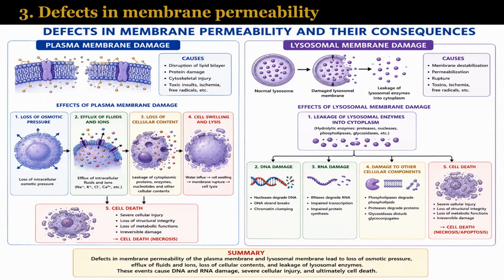Since the plasma membrane is damaged, certain fluids or ions that are found inside the cell are going to go out of the cell. The third one is loss of cellular content. Some of the contents that are found inside the cell are going to be released out of the cell, hence going into the extracellular space. And last but not least is cellular swelling and lysis.